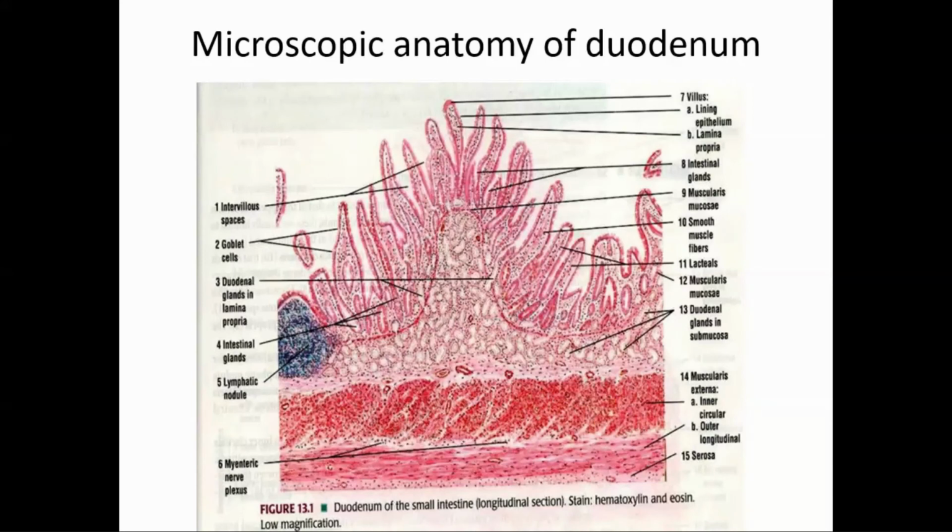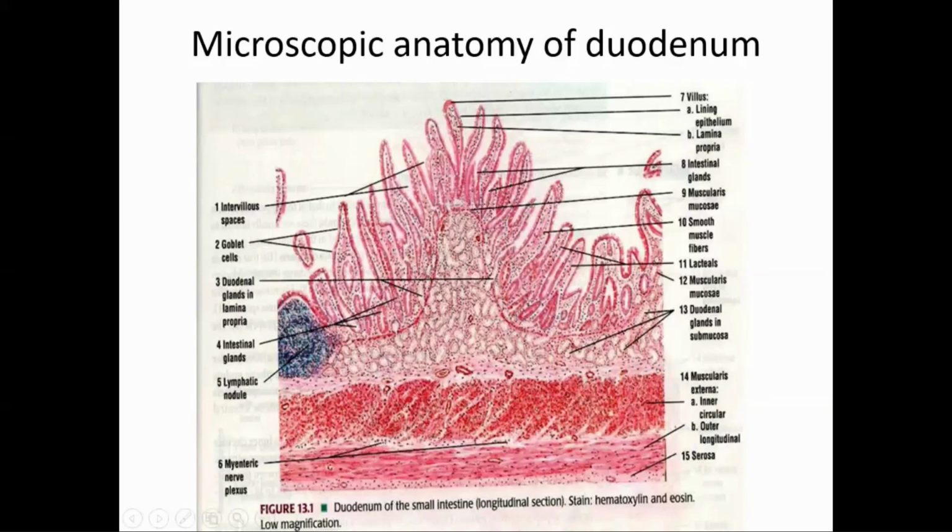The duodenal glands secrete bicarbonate. Clear? Others are the same. And these are the intestinal glands, which are present in the lamina propria.